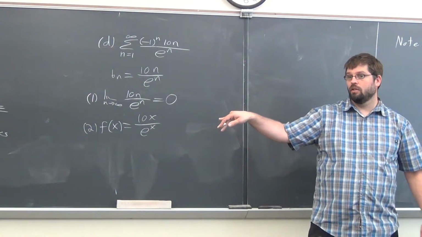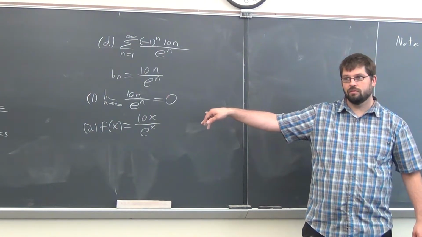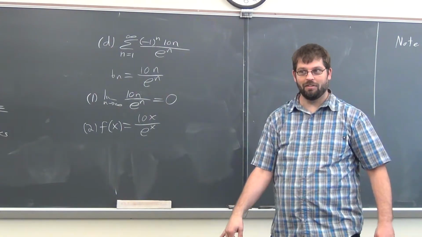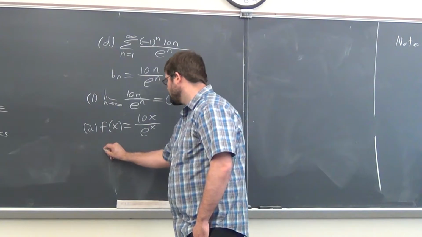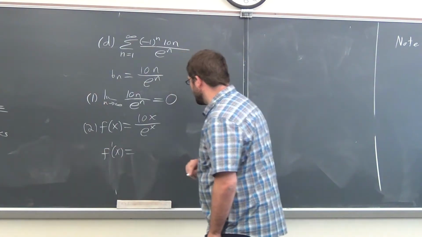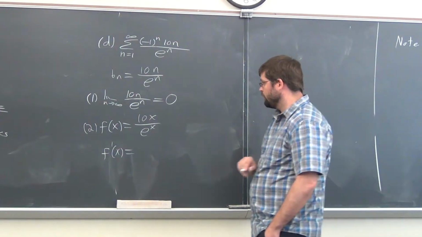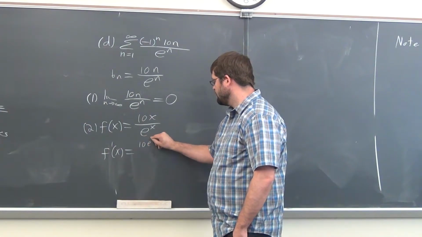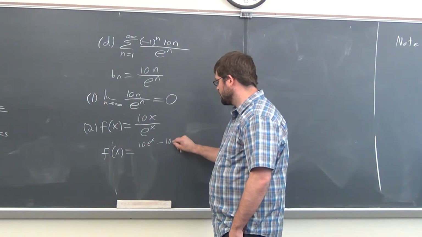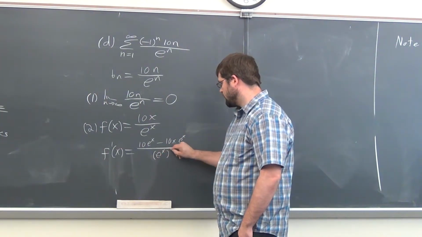And now how do you show that's decreasing? Take its derivative, right? I should have picked something more interesting. This is fine. Derivative is 10 e to the x minus 10x e to the x over e to the x squared, right?